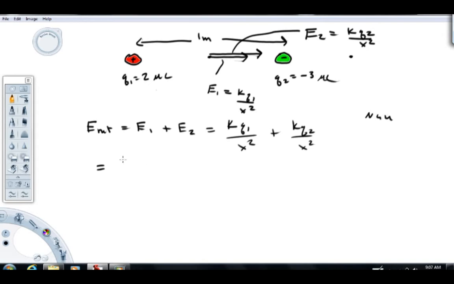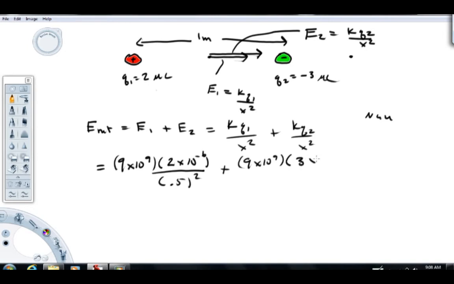The first term is going to be 9 times 10 to the 9th, that's the Coulomb constant, times Q1, which is 2 times 10 to the minus 6 coulombs, over 0.5 meters squared, plus the Coulomb constant, again, 9 times 10 to the 9th. If I put in the units, it would be newton meter squared per coulomb squared, times charge 2.